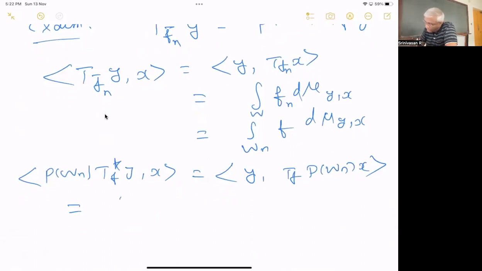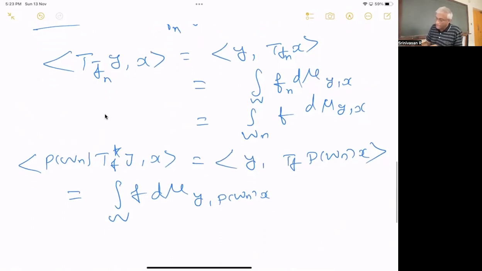Now this is equal to the integral of f over omega d mu of y, P of omega n x. I'm just writing the definition. This is how T F is defined, the definition of T F from the very early proposition. Now notice what mu y, P of omega n x acting on a set E, let us say E is a set in script F, is.